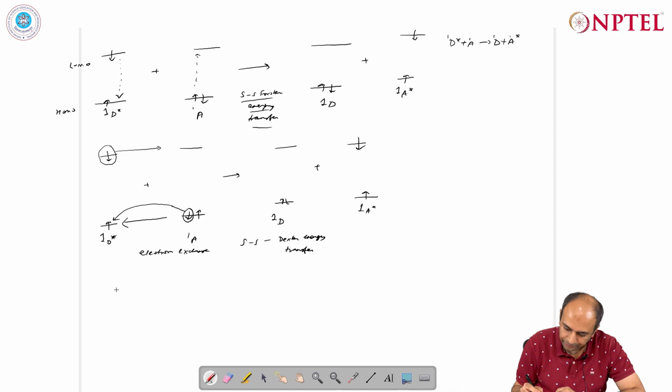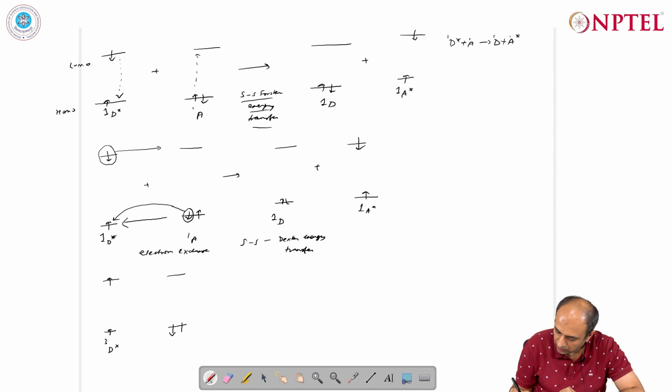And we can also have another case where we have the triplet excited donor, that is these are of the same spin orientation, that is a triplet state, and this interacts with now again the acceptor. So this goes here, there is an electron exchange now happening. This is the triplet to triplet Dexter energy transfer.